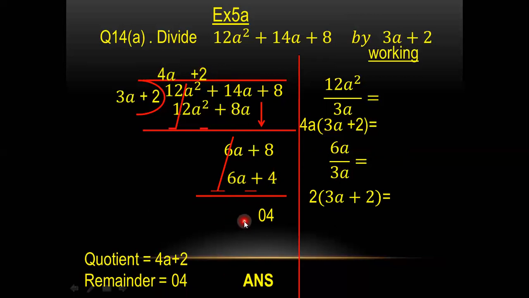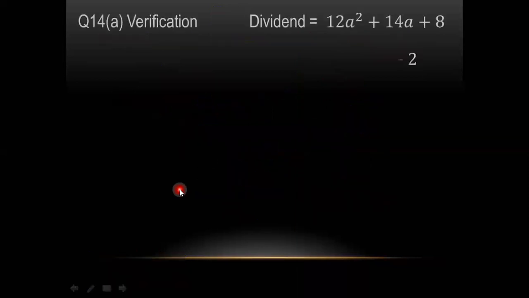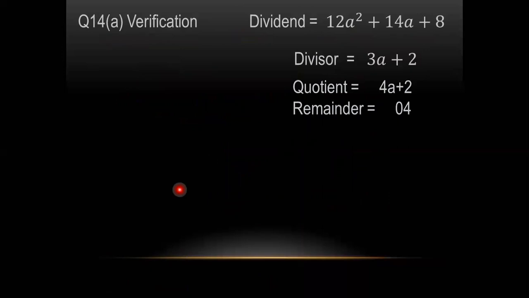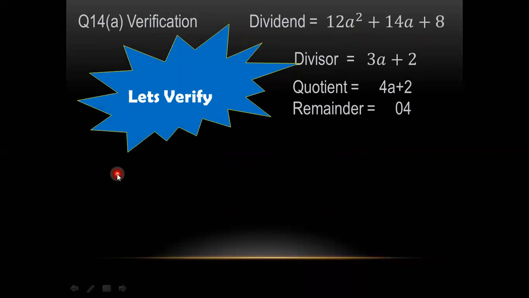So we can see that if we multiply the quotient with this divisor and add it to this remainder, we must get this dividend. So let's see. We write down the data, and now let's verify.